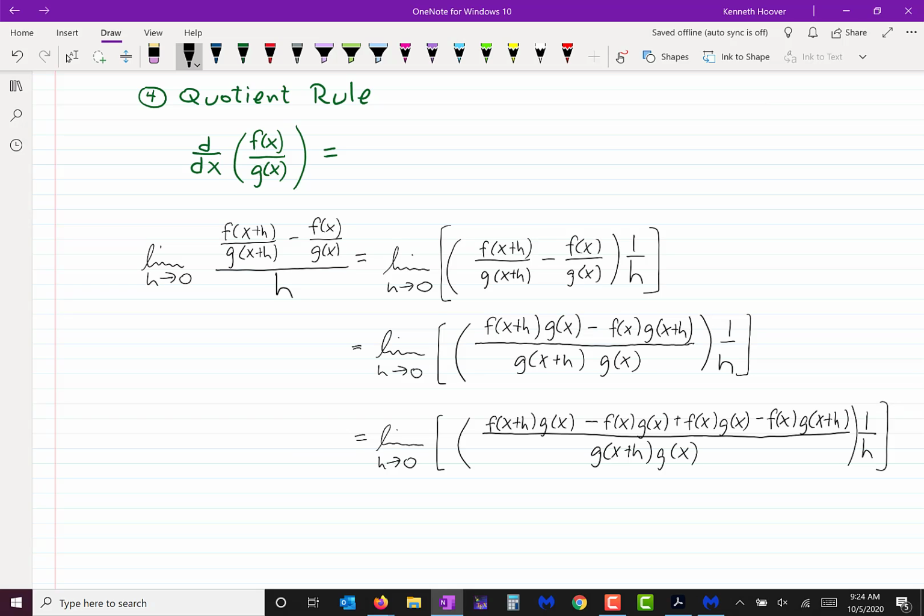Okay, now, how can I break that up into a way that will be helpful? So here's what I can do. I'm going to write two fractions. They're both going to have g of x plus h on the bottom times g of x. Okay.